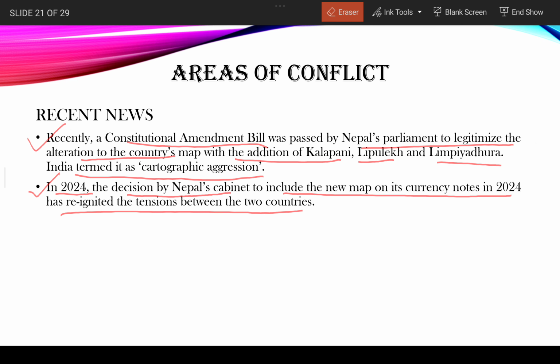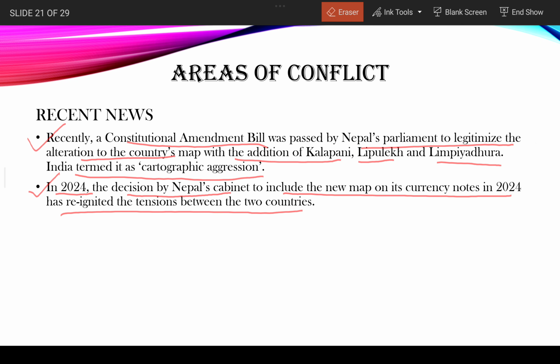But what happened is that the river Gandak changed its course. It was earlier on the right bank, which was on the Nepali side, but now the river Gandak has changed its course.